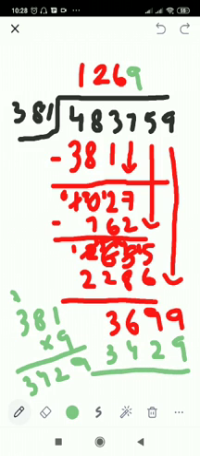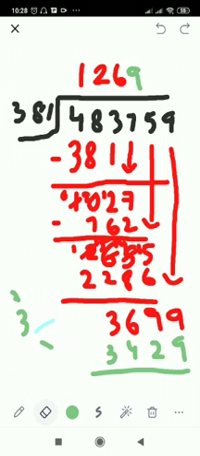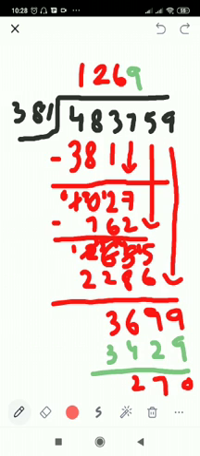So we are going to subtract it now, and we will see what we have as a remainder. We're going to get 0, 7 and 2. So 270 is the remainder that we have got. So our answer is 1269, remainder 270.